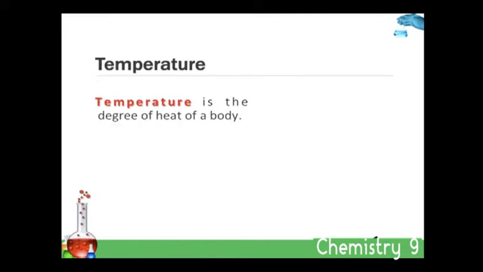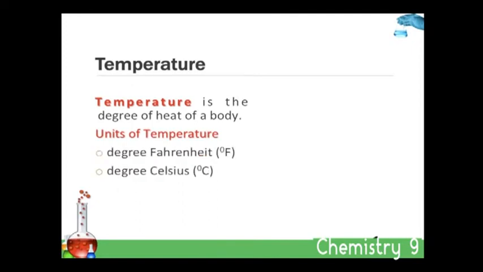Temperature is the degree of heat of a body. The units of temperature are Fahrenheit, degrees Celsius, and Kelvin. Kelvin equals degrees Celsius plus 273. Celsius equals degrees Fahrenheit minus 32 times 5/9.